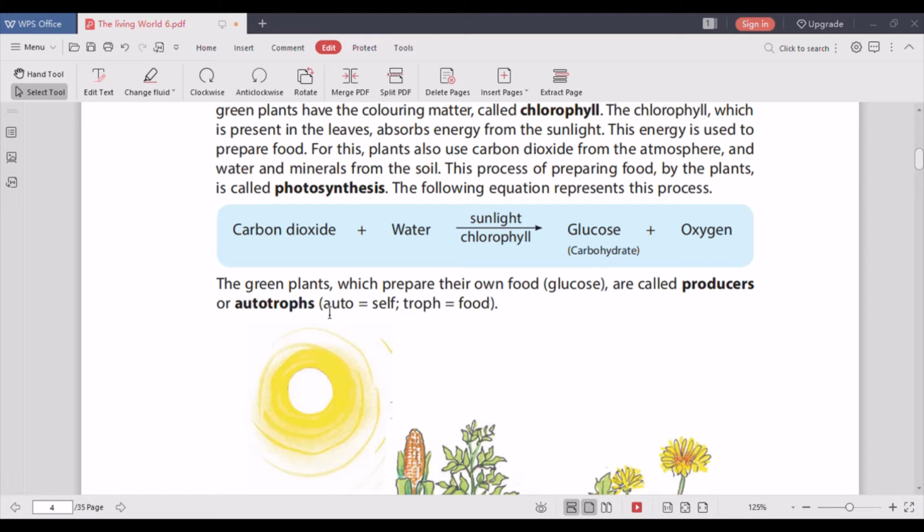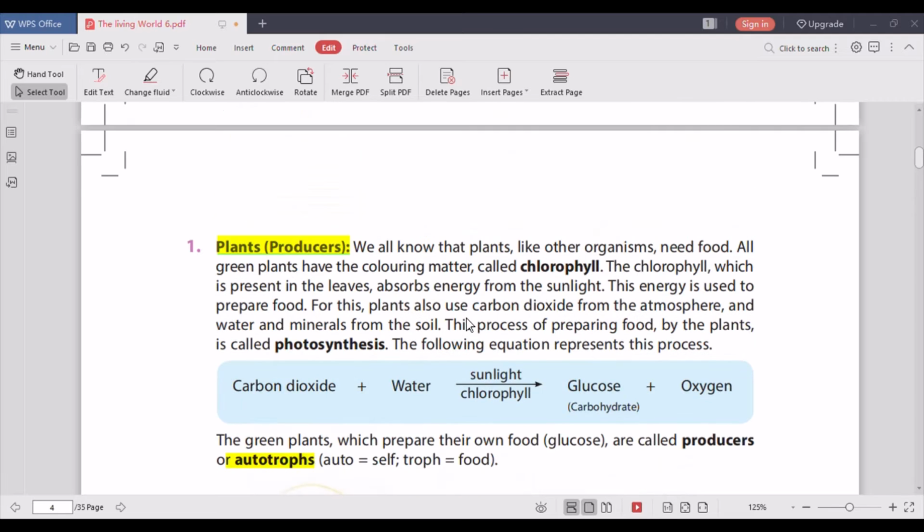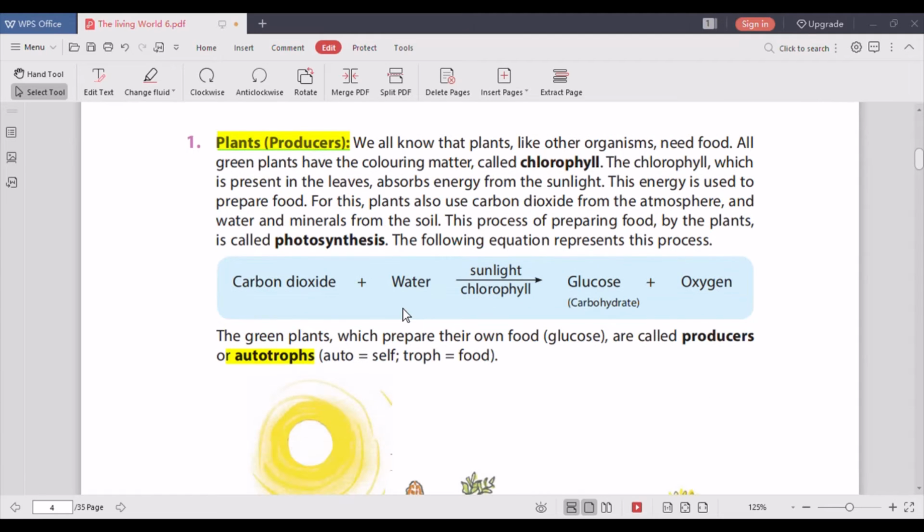The green plants which prepare their own food are called producers or autotrophs. So here autotrophs means auto means self and troph means food, meaning they produce food by themselves. So plants are called producers.